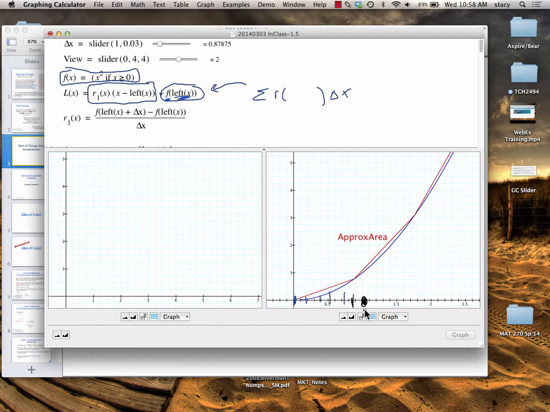And this black blob is my current value of x. When I say, tell me what f of left of x is, it says, look at this left of x value, and then look at the corresponding y value, right? But that corresponding y value gives me the accumulation from 0 to this x value.